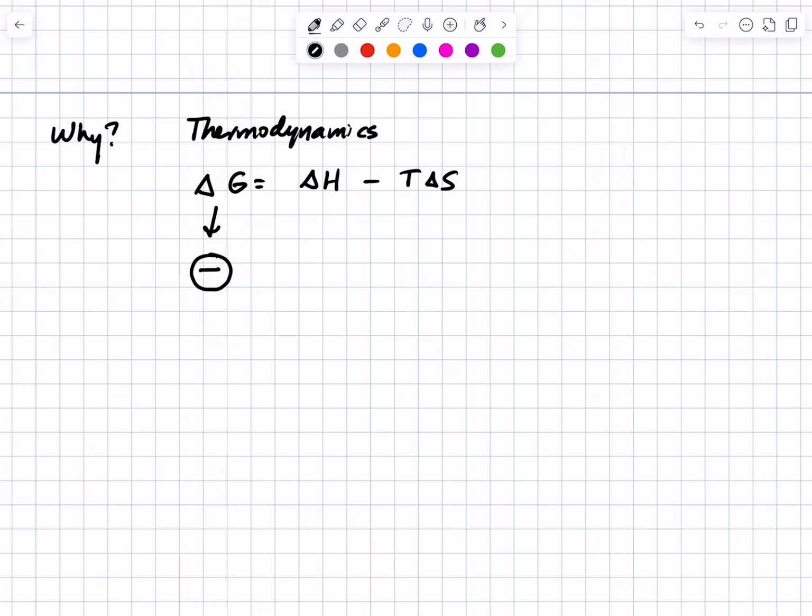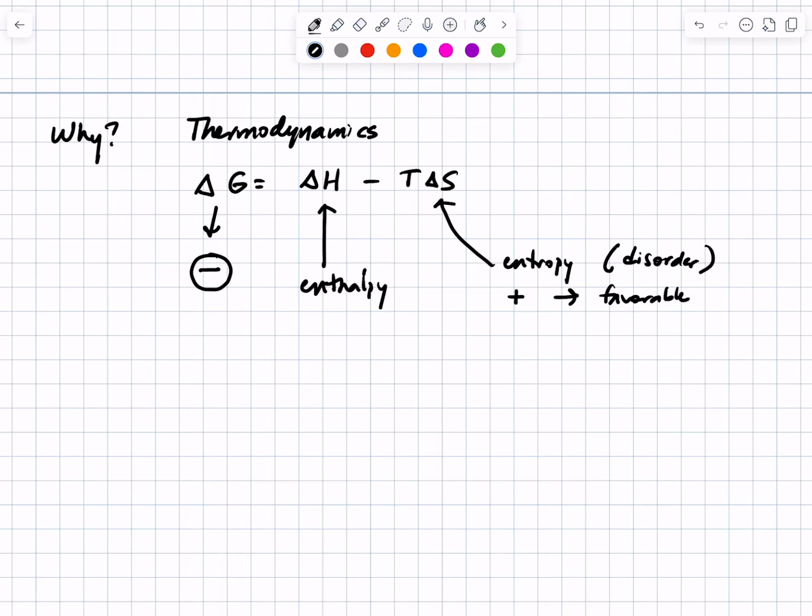And there are two components to free energy. There's this component, which is enthalpy, and then there's this component, which is entropy. Now, we've talked about entropy before. It's related to disorder, and reactions that increase disorder have a favorable effect on delta G.